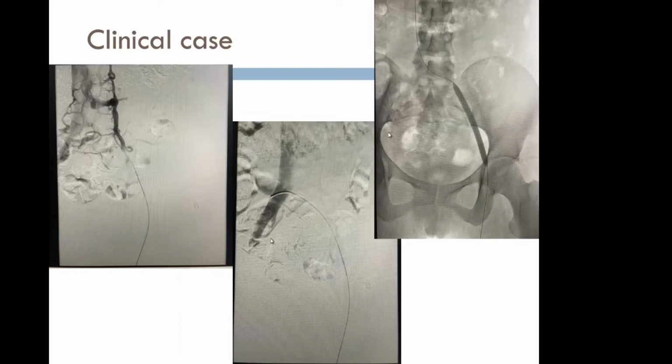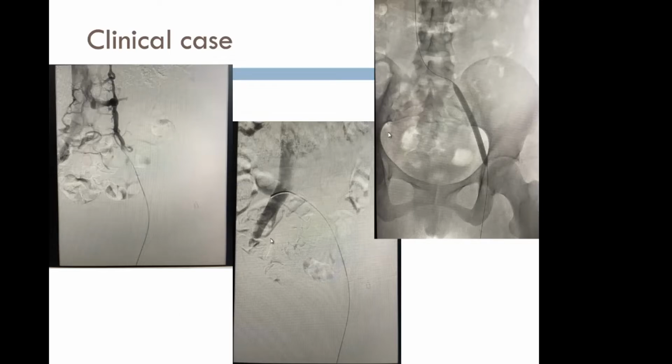You see the inferior vena cava, but the iliac veins were completely occluded. We did manage to get across the occlusion, as in the picture in the middle, and we got access into the inferior vena cava. Subsequently, in the top right image, we did balloon angioplasty, using a high pressure balloon to open up this vein.